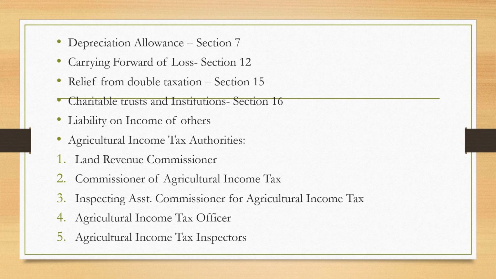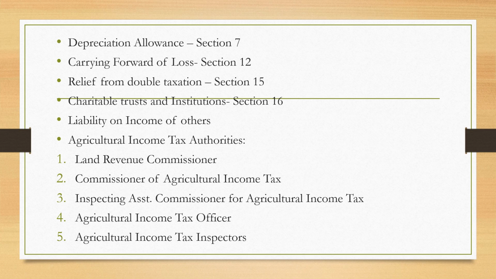Now, an assessee who has not made a return under section 35 may, before the expiry of the time allowed for the submission of the return, apply to the agriculture income tax officer of the area in which the greater part of the land from which the agriculture income is derived to be assessed at his usual place of residence or at the place where the accounts relating to his agriculture income are kept, if either of such places is situated in the state, and the agricultural income tax officer shall refer that matter to the commissioner whose decision thereon shall be final.